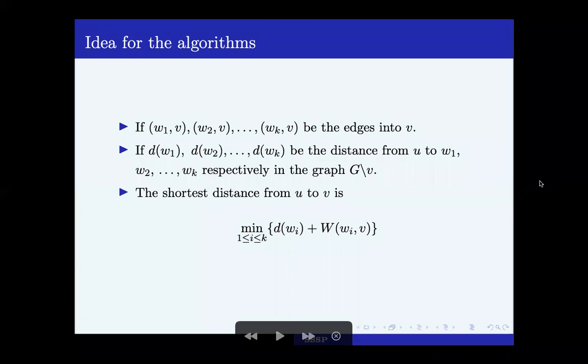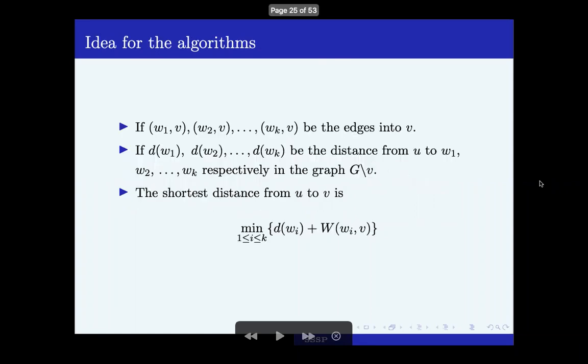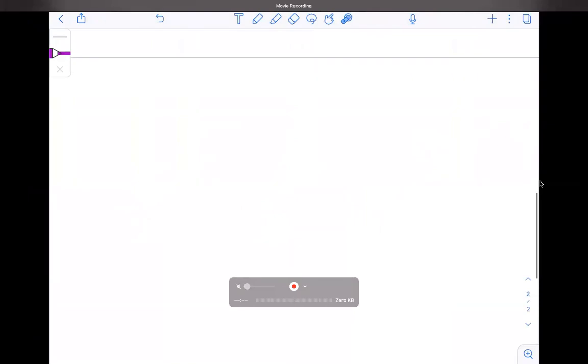Now, I will be using this notation: W of any two vertices is the weight of the edge between them. Now, here is a very simple algorithm. Say I want to go from a particular vertex. Maybe I'll draw something more.